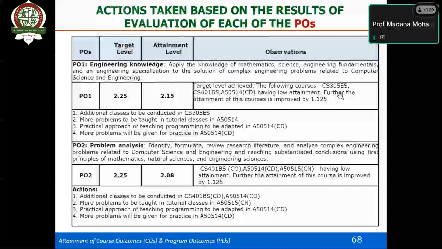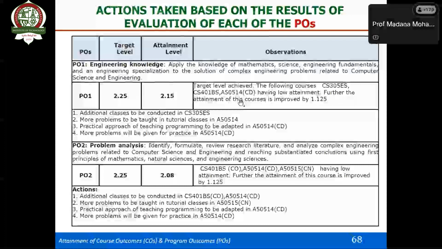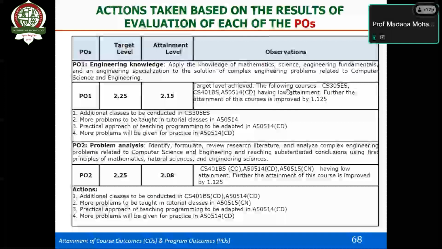Then what are the actions proposed to improve the attainment levels for the upcoming batches? These are all the observations.